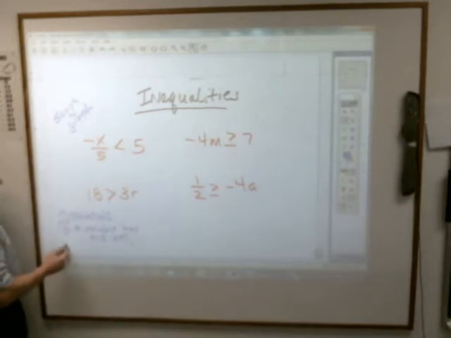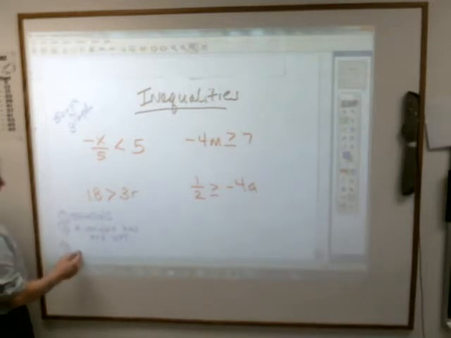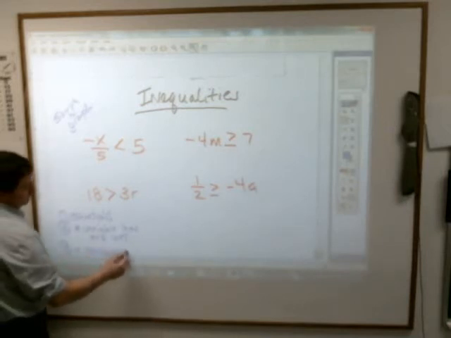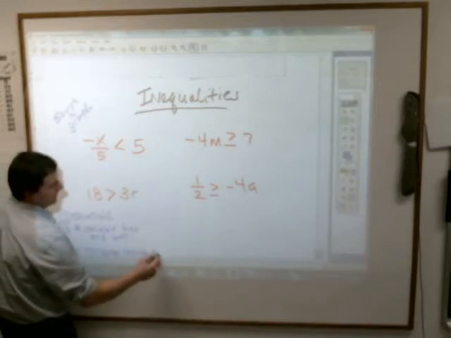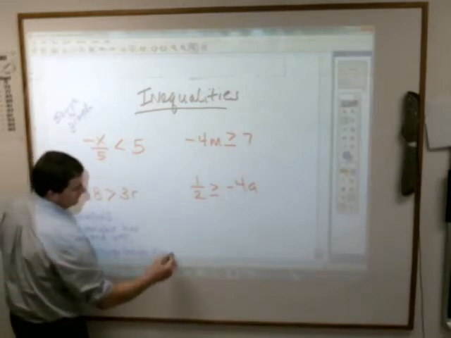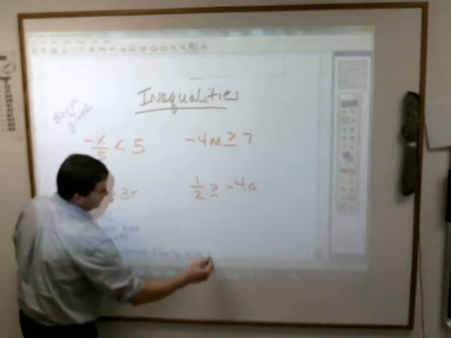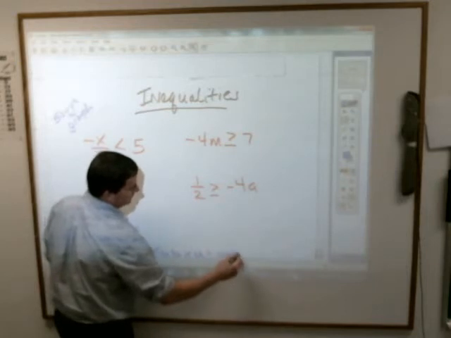And then the third thing you have to remember is that anytime you change the sign of the variable by multiplication or division, the inequality changes to its opposite too.